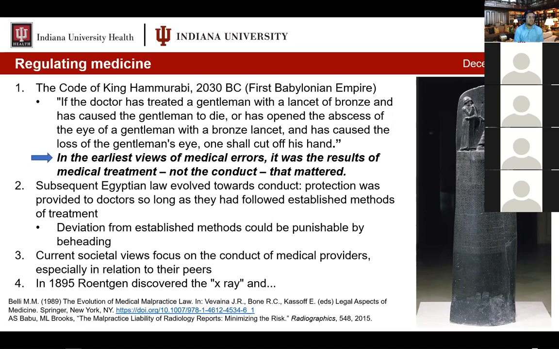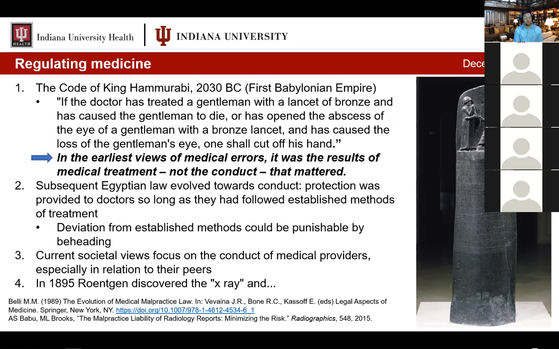And it specifically stated if the doctor has treated a gentleman with a lancet of bronze and has caused the gentleman to die, or has opened the abscess of the eye of a gentleman with a bronze lancet and has caused the loss of the gentleman's eye, one shall cut off his hand. The penalties for malpractice during King Hammurabi's leadership were very severe, as you can see.